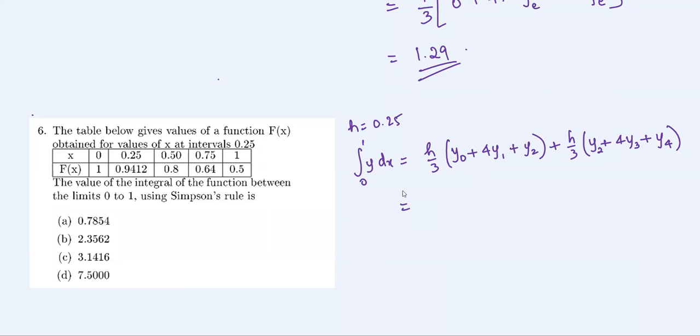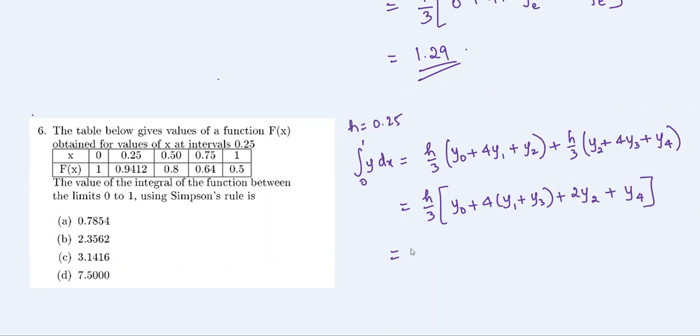So h upon 3 times y naught plus 4 times y1 plus y3 plus 2 times y2 plus y4.